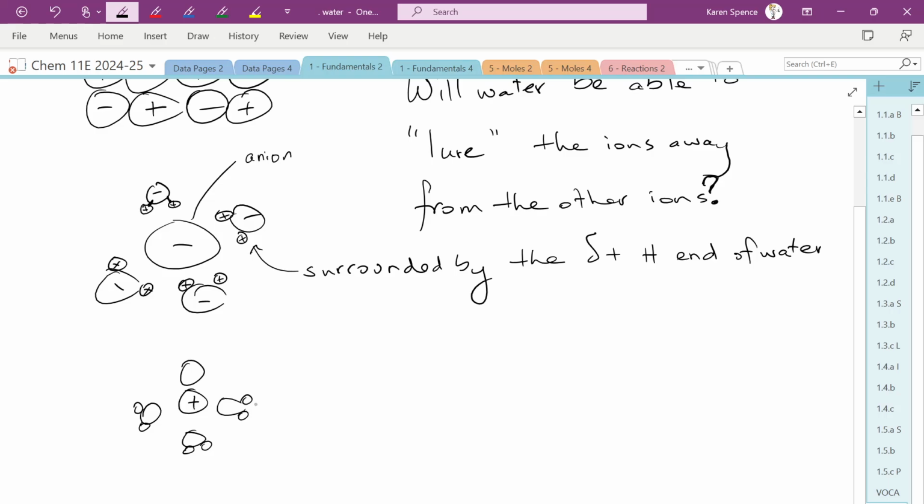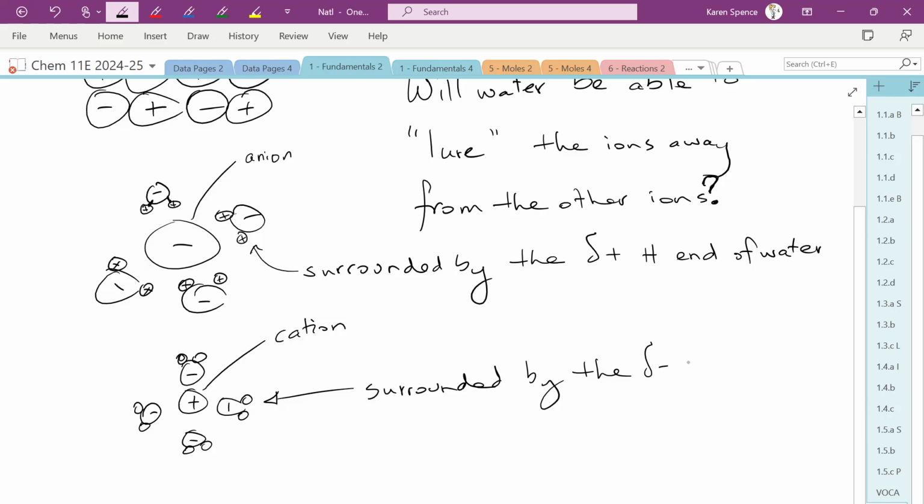So hopefully what you've drawn looks something like this, where we have the cation surrounded by the slightly negative oxygen end of water. So that's why salt is soluble in water. Yes? Okay.